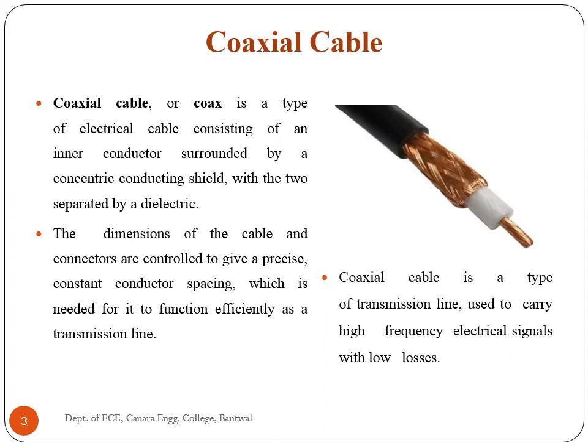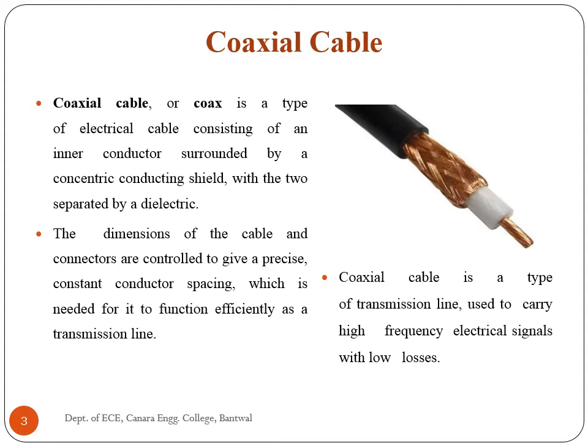Coaxial cable is a type of transmission line used to carry high frequency electrical signals with low losses. The dimensions of the cable and connectors are controlled to give a precise, constant conductor spacing, which is needed for it to function efficiently as a transmission line. Transverse electromagnetic mode is propagated through the coaxial line, and the outer conductor guides these signals in the dielectric space between itself and the inner conductor.